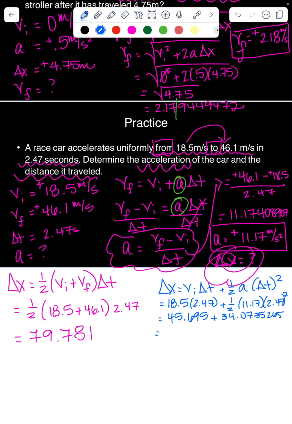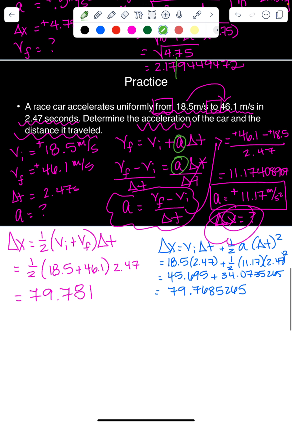Add those together. We get a raw answer of 79.7685265.